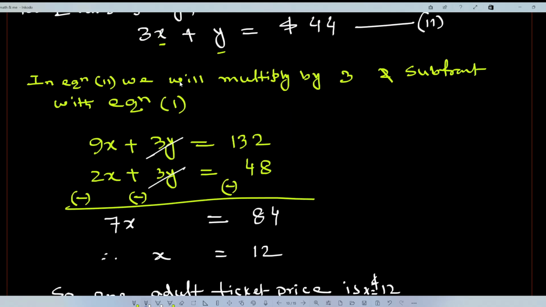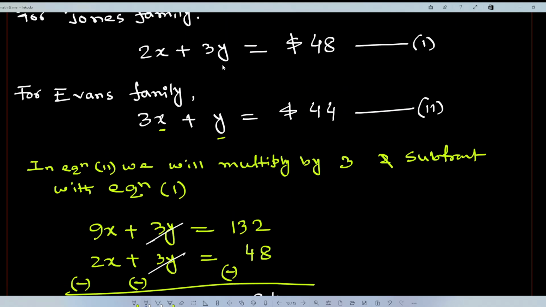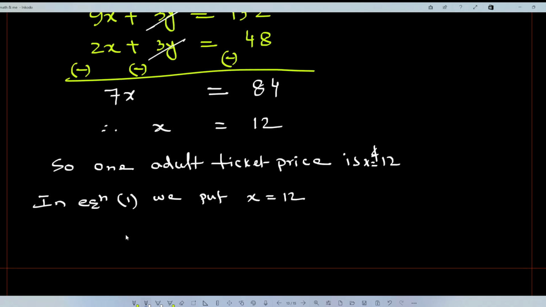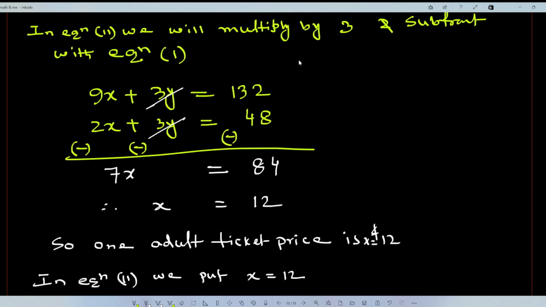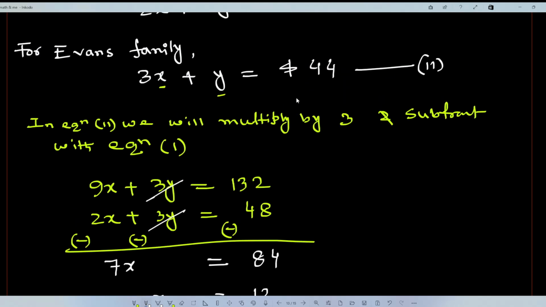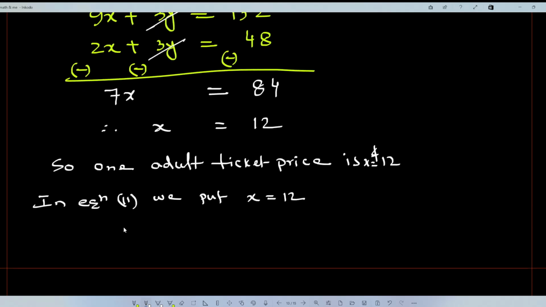Equation 1 is 2x plus 3y equals 48, or we can put the value in equation 2. Equation 2 is 3x plus y equals 44.